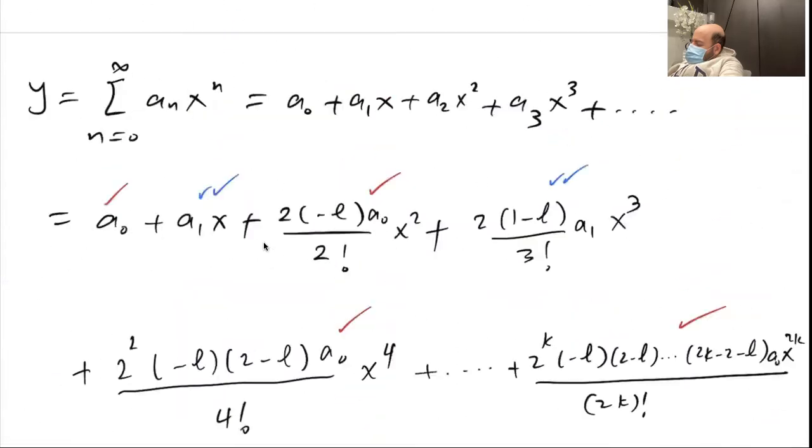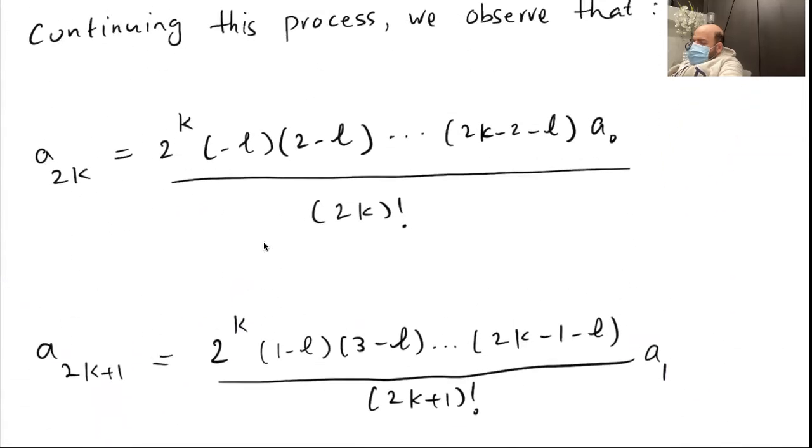Look at this formula here. We found a2k previously. If you look at this formula a2k, now what can I say about a2s plus 2? 2s plus 2 means the value of k would be s plus 1. So 2 to the power s plus 1, all the way to the last number appearing here, which would be the last even number before this index, minus L. So if this index here is 2s plus 2, the last even number before 2s plus 2 is 2s.